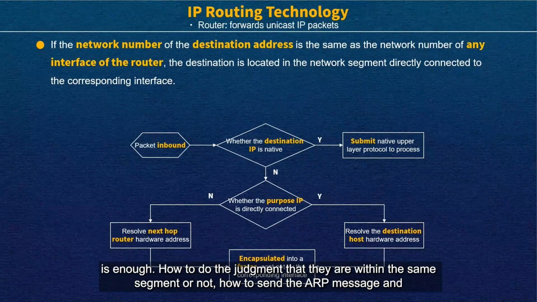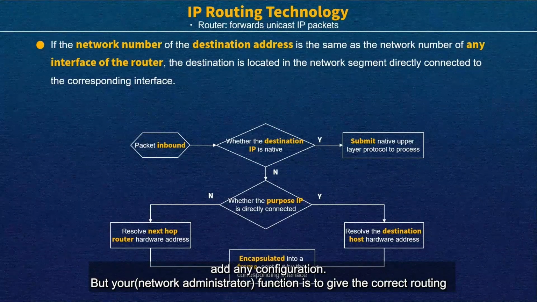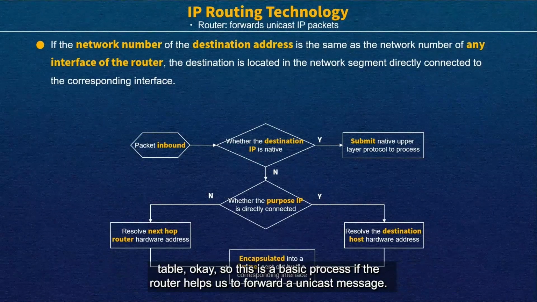That's enough. How to judge whether we are in the same segment or not, how to send the ARP message and get the correct MAC address, all the devices will do this automatically. We don't need to add any configuration. But your function is to give the correct routing table.